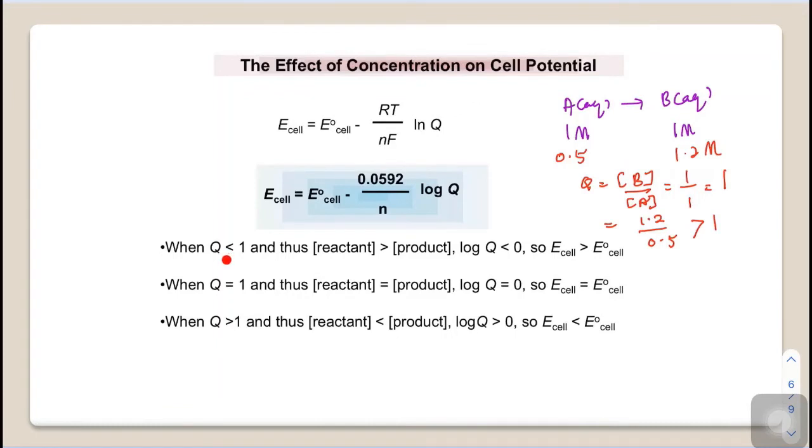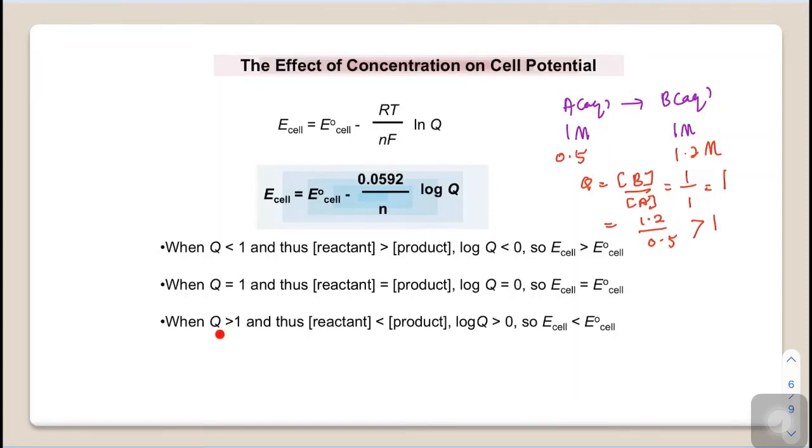If Q is less than 1, log Q will be less than 0, and E cell will be greater than E naught. However, if the Q is equal to 1, that means the log Q is equal to 0, and E cell will be the same as the E naught.